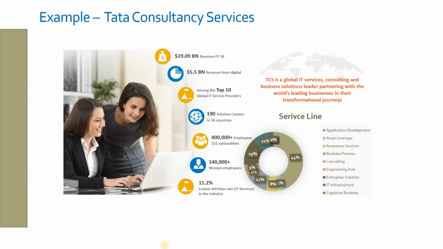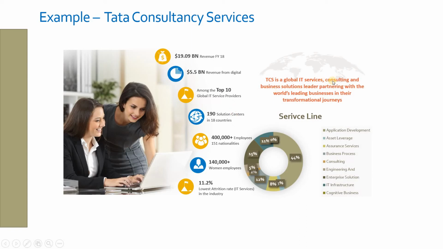11.2%, the lowest attrition rate in IT services that TCS has in this industry. So the attrition rate is very low in TCS because TCS is a very good company, so they are not having attrition in too large a number. So this is all about TCS, and here I put one world graph because TCS is worldwide.